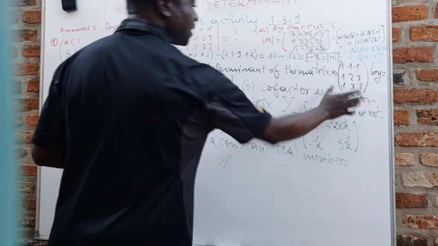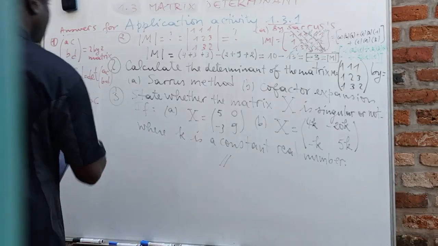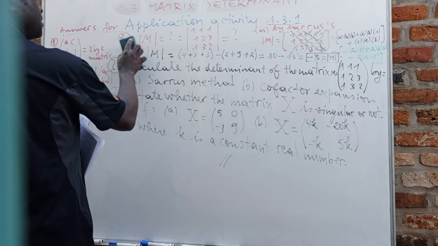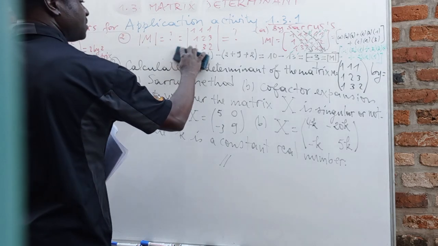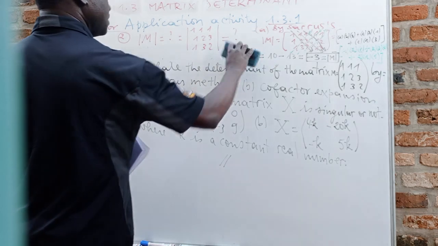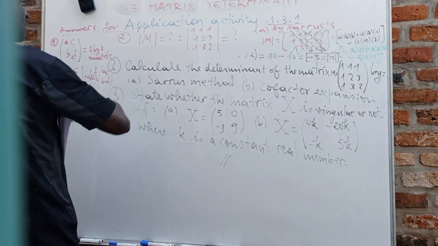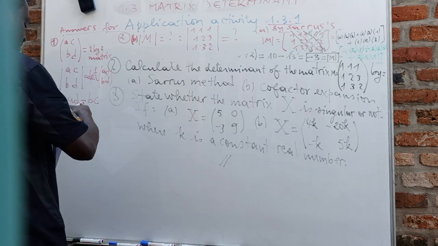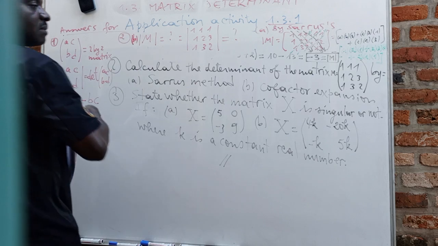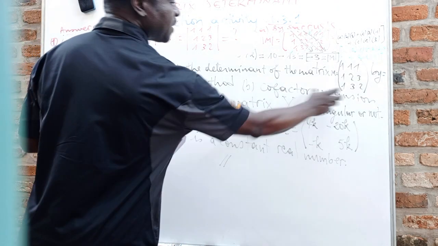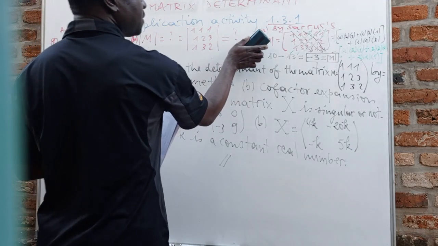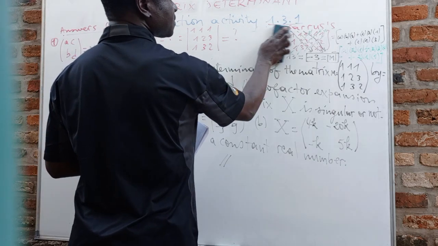Now cofactor expansion. Now that is subequation B. So we are going to find the same determinant by using cofactor expansion. Okay, so now I remove everything here.